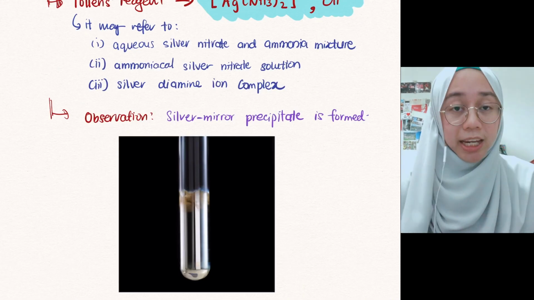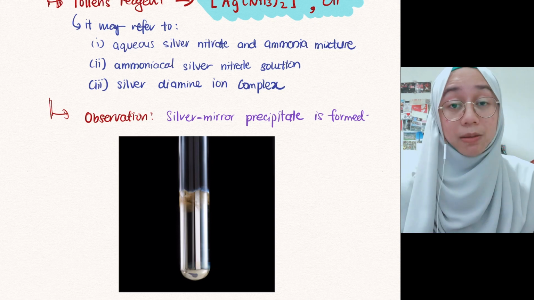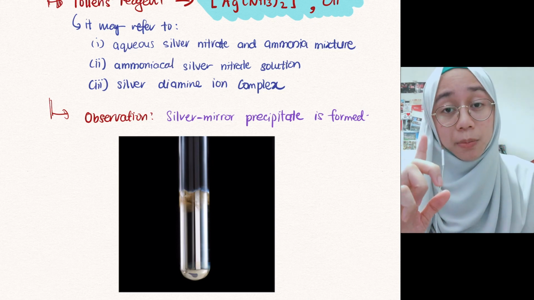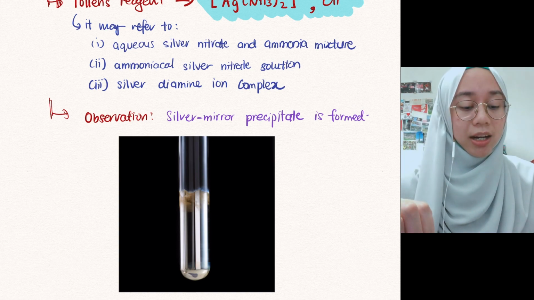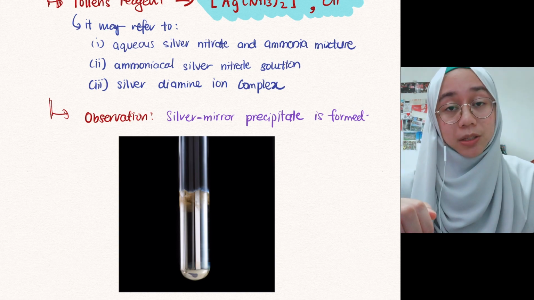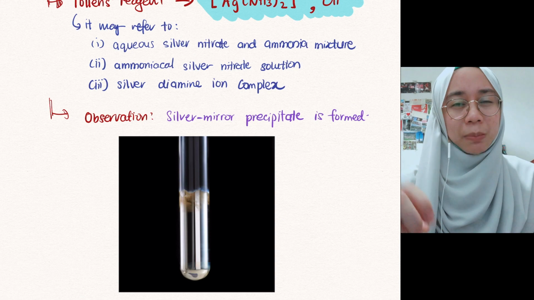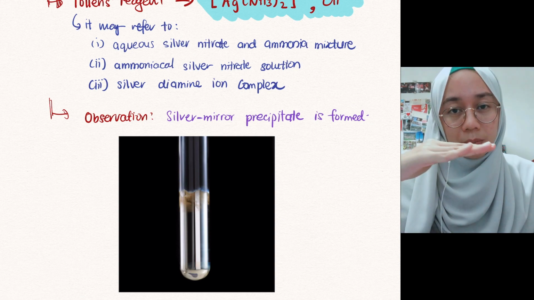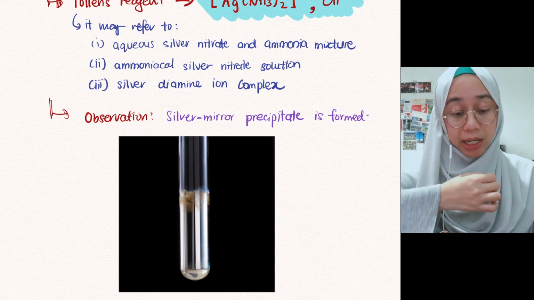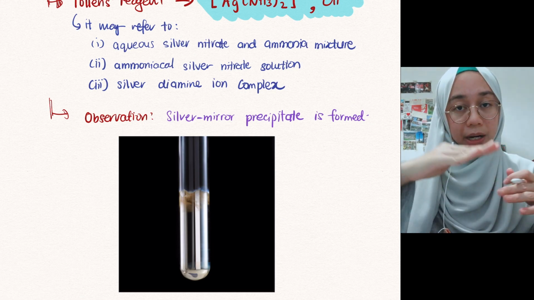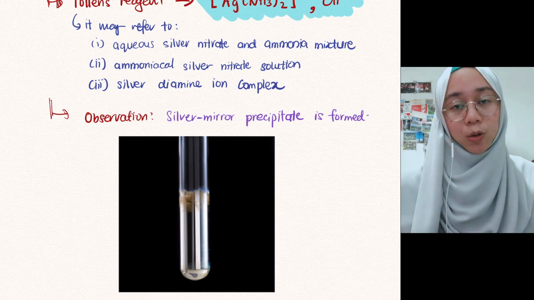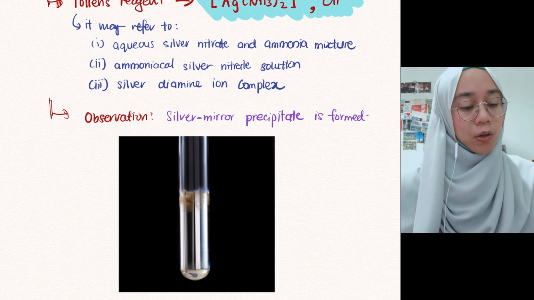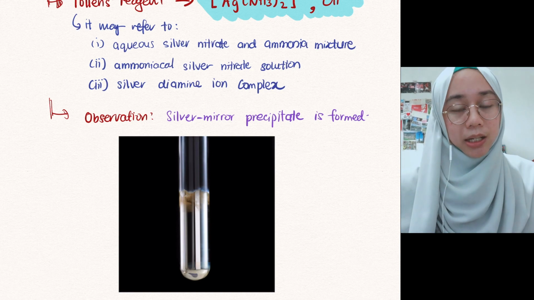So as you can see, dia nampak macam silver kan. Dia akan melekat dekat tepi dinding boiling tube ataupun test tube. So you will see that there is a silver mirror precipitate formed. But kadang-kadang kalau tak menjadi sangat, you will see the silver mirror precipitate on top of the solution. Boleh tengok daripada atas boiling tube tu, nampak ada silver mirror precipitate.